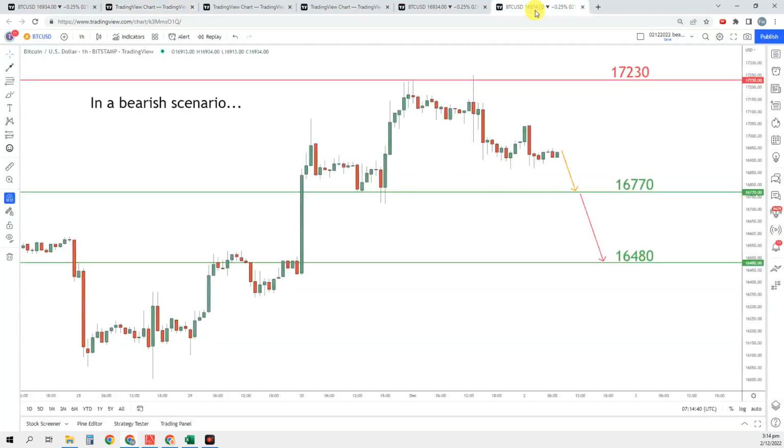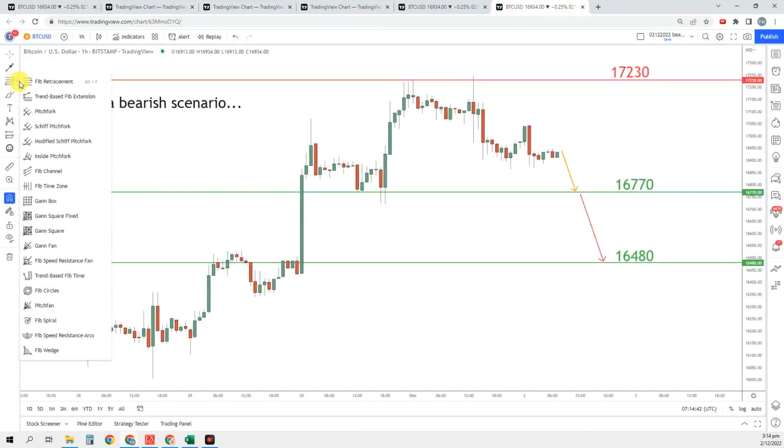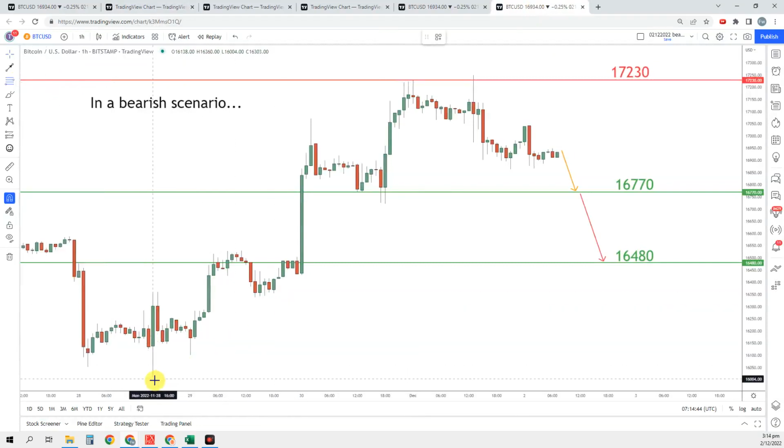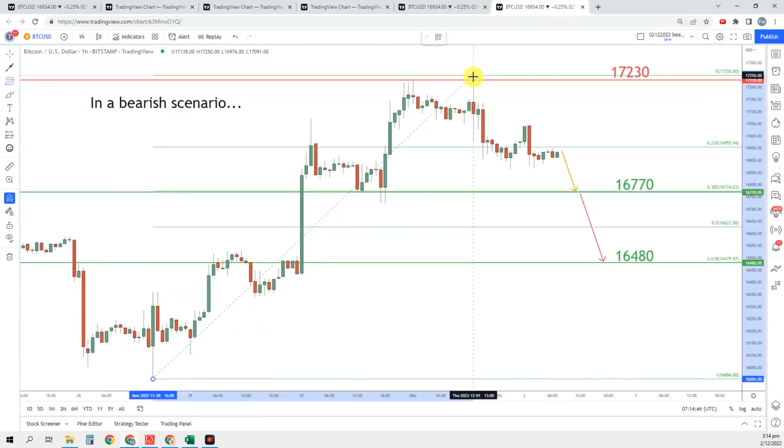So if I were to draw a Fibonacci retracement, you can see that 16,770 is actually the 38.2% retracement, and 16,480 is the target at the 61.8% retracement.